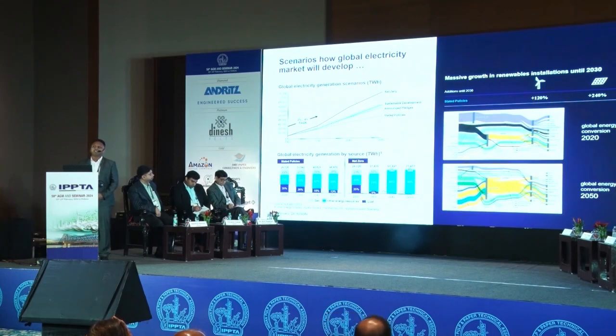In the same way, photovoltaic power generation should grow by 240% and 500% for stated policy and net zero scenarios. So the global energy mix landscape will change, and the end-use technologies will also have to change to adapt to the changing scenario of the energy transition.